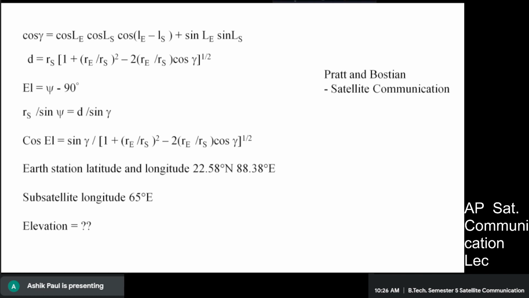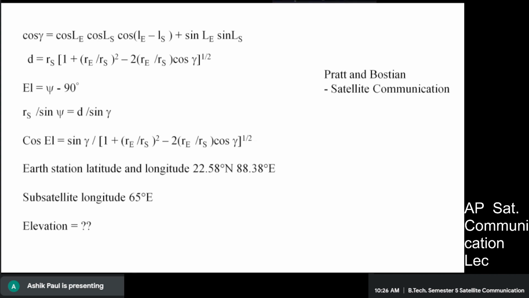If you put in more accurate values, or go to higher decimal places, I think you will get an elevation close to 52 degrees, that is 52 point something. That is the elevation for this particular satellite.